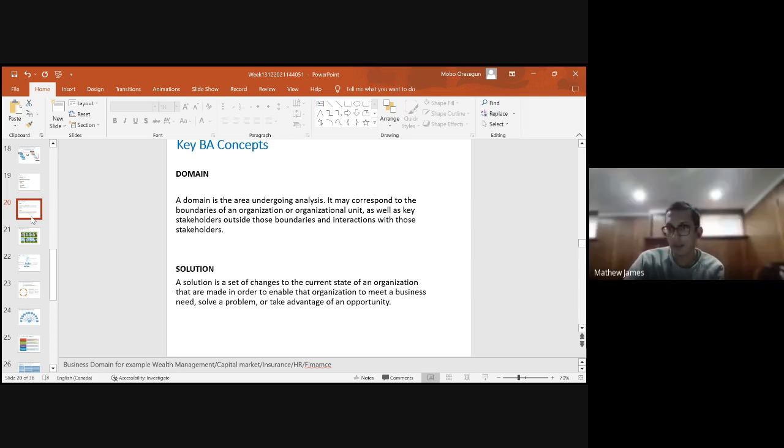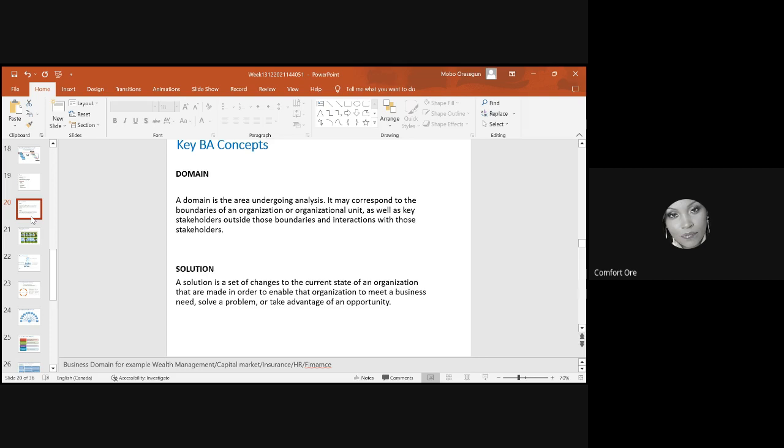Investors. Okay, good. Investors are also your stakeholders, but they're usually not within the organization. It could be the regulatory body, right? They are instrumental and they're stakeholders.